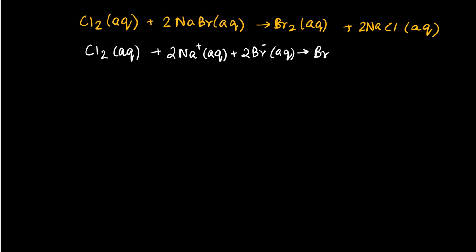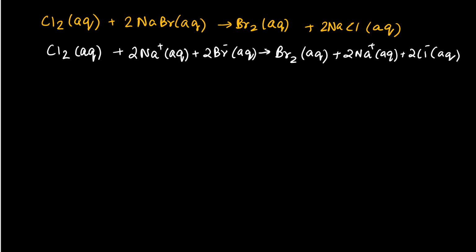I'm not going to touch any of the gases, so it stays as it is, plus 2 NaCl aqueous. Since it is 2 NaCl, I'm going to write plus 2 Na+ aqueous plus 2 Cl- aqueous.